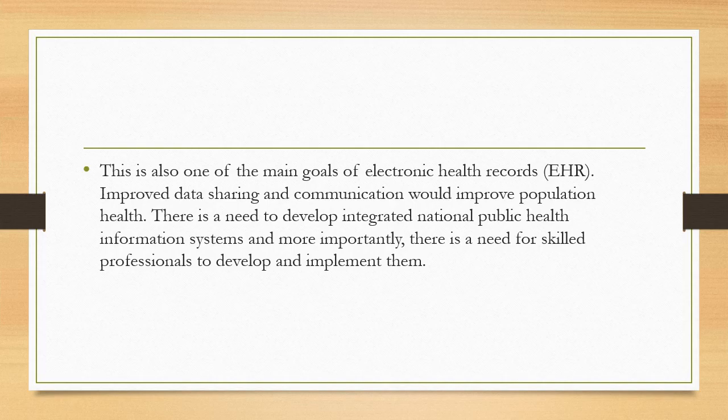So improved data sharing and communication would improve population health. So there is a need to develop integrated national public health information systems, and more importantly, there is a need for skilled professionals to develop and implement them.